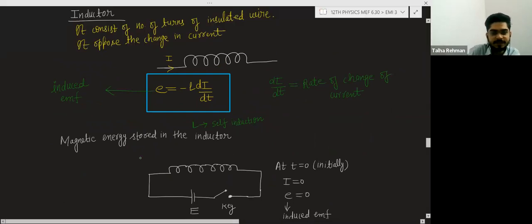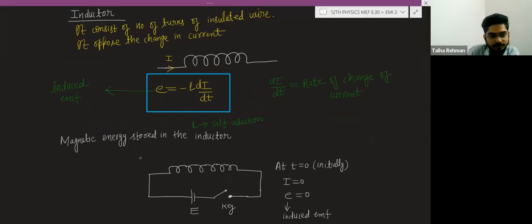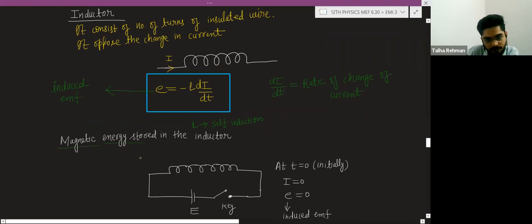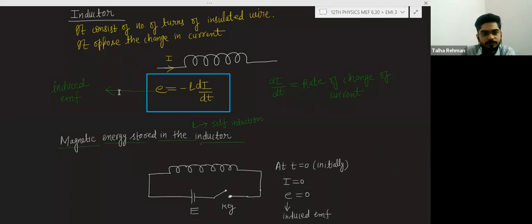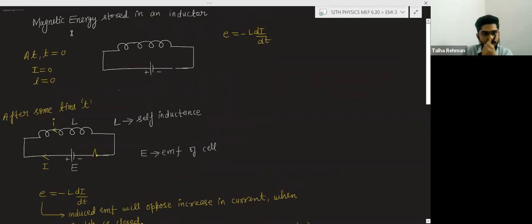So, the magnetic energy stored in the inductor. This is your inductor.